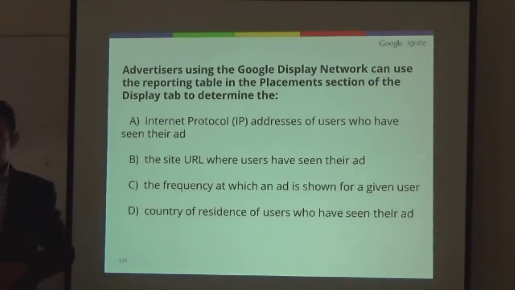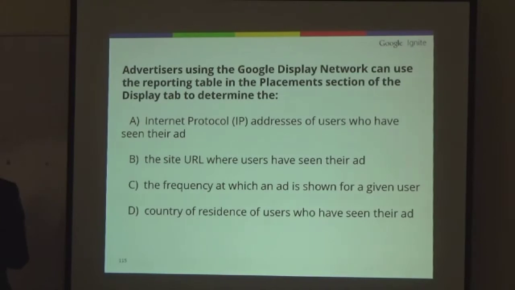All right, next question here. Advertisers using the GDN can use the reporting table in the placements section of the display tab to determine what? A, IP address. True or false? Do you go to the placement section for that? False. Okay. B, site URL where users have seen the ad.